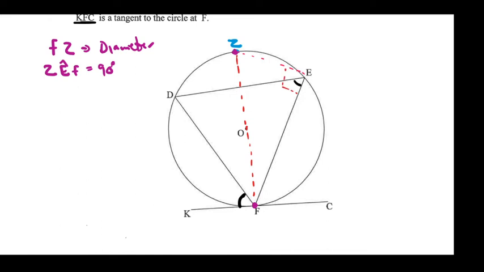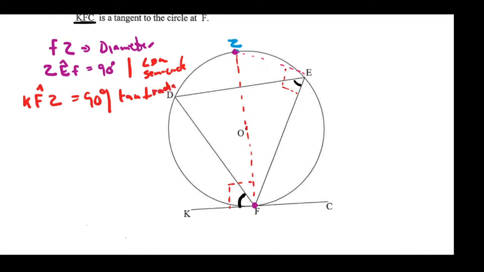And another thing that we need to note is that angle KFZ, or you can say KFO, it's up to you, is equal to 90 degrees, right? So this angle here is also 90 degrees. So here you can simply write angle on semicircle, right? And then here you can write tan perpendicular to radius, right?